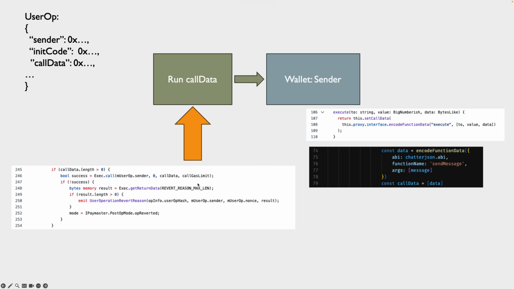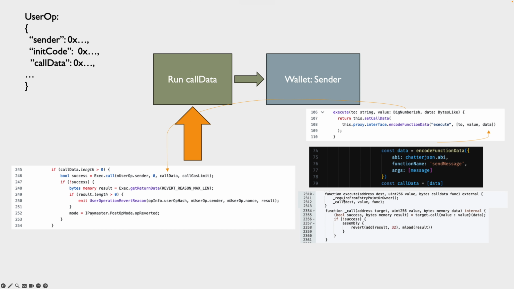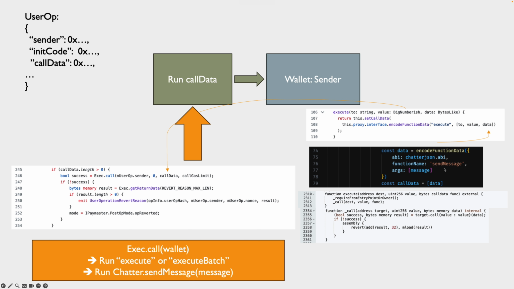So internally it will call our wallet, execute the function execute, and inside the execute function it does another call to our chatter smart contract. It's basically just a wrap in a wrap. So that's what it is.